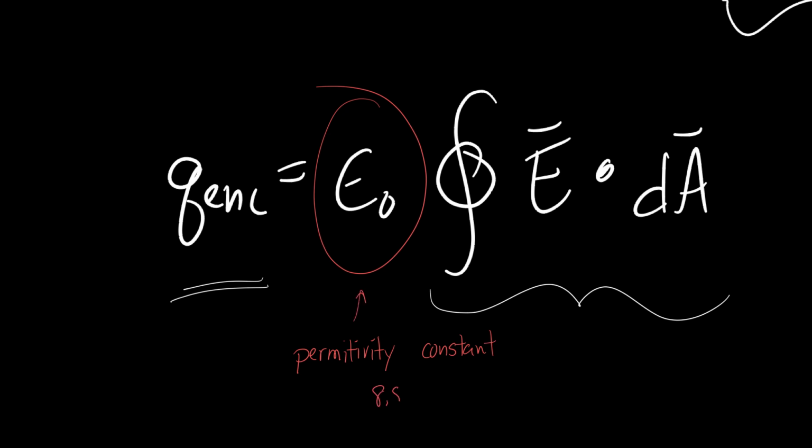It's 8.85 times 10 to the negative 12th Coulombs squared per Newton meter squared. There it is. The permittivity constant.